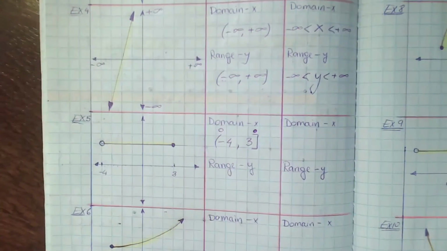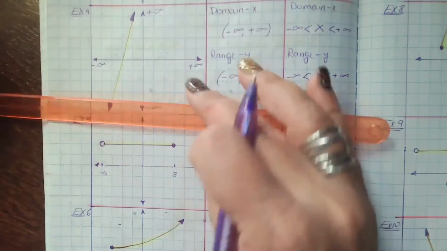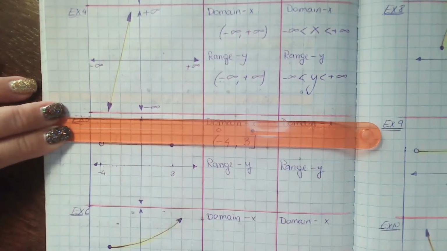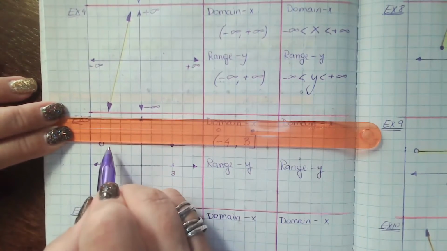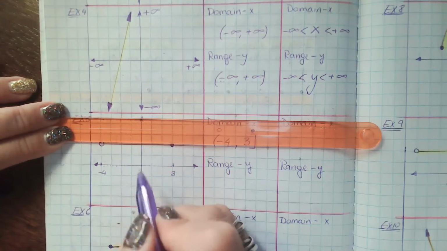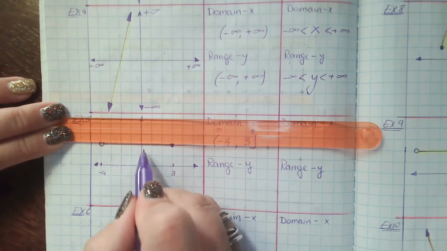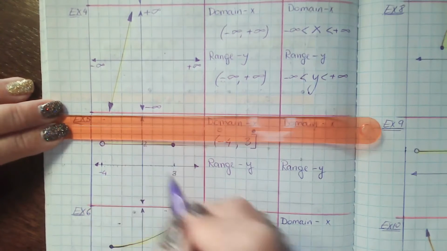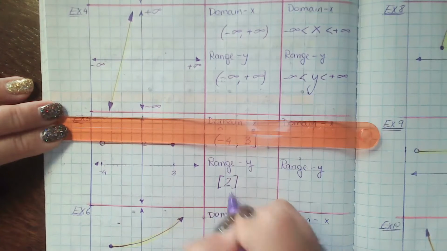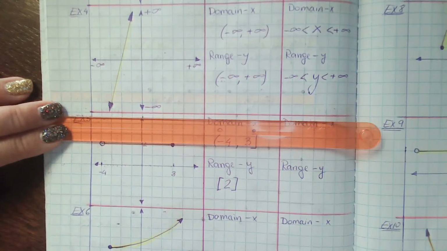But then when I look at my range, my line is just going through 2 on the y-axis. So that means that the only possible value for y is 2. So it's just a number.